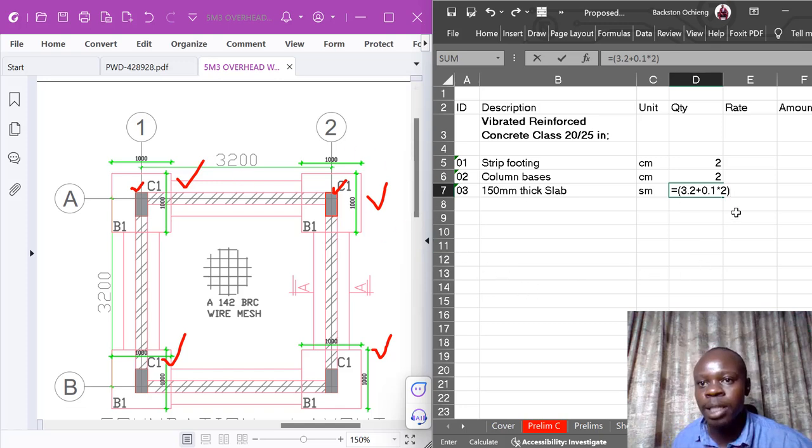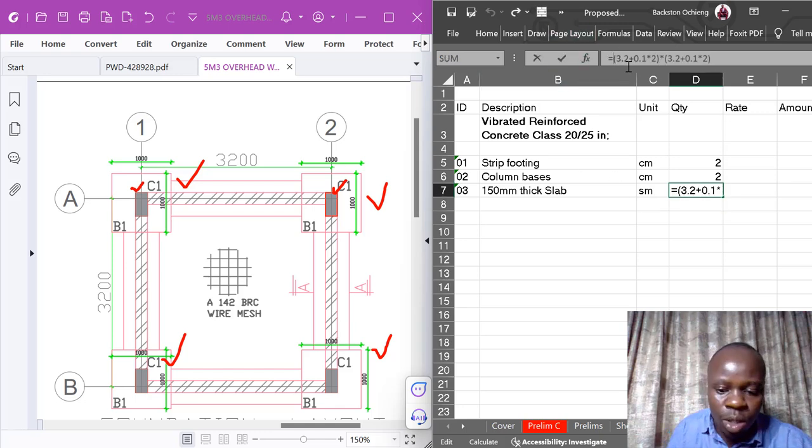Then I multiply that times the same. What I mean is the other side is also 3.2 plus 0.1 times 2. That way, this should give me the area of the floor slab.